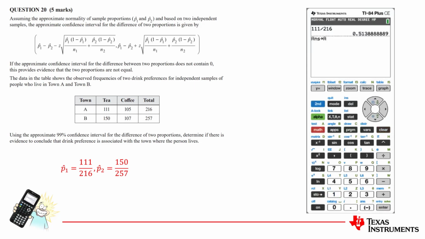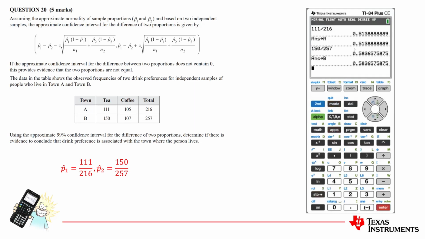So 111 out of 216. Again, I'm going to store that as A. For town B, I'm going to look at tea again as well. So I've got 150 out of 257. And this one I'm going to store under my B variable there.